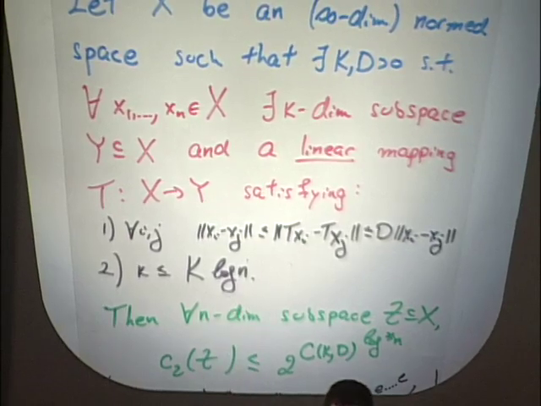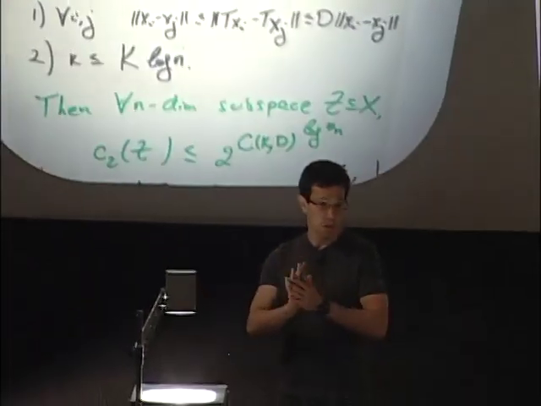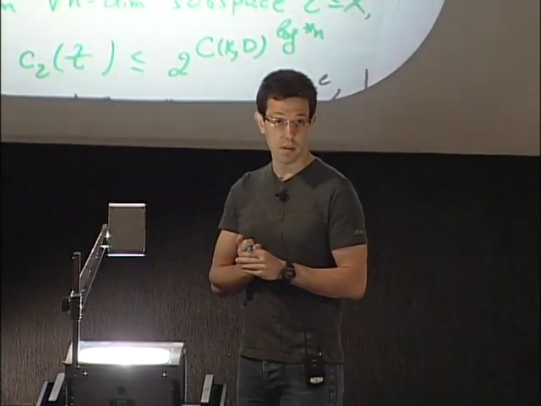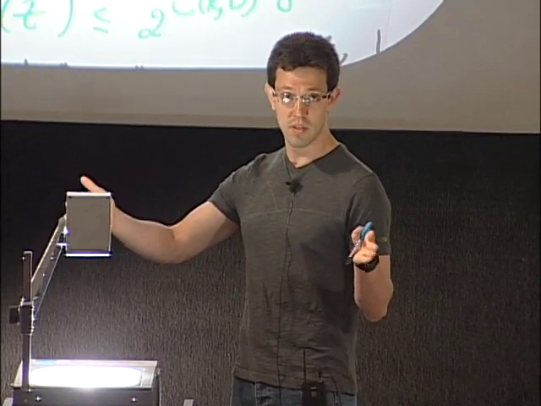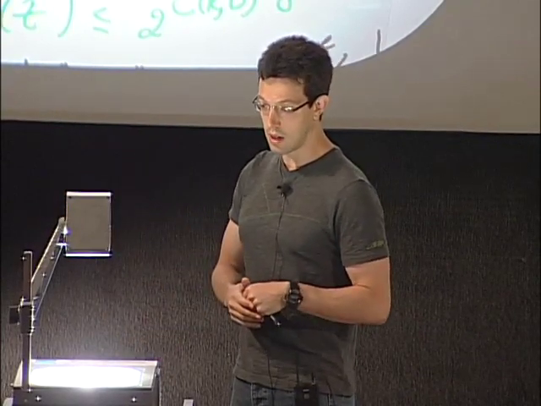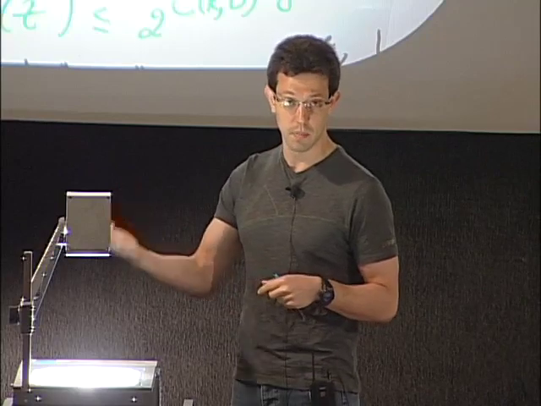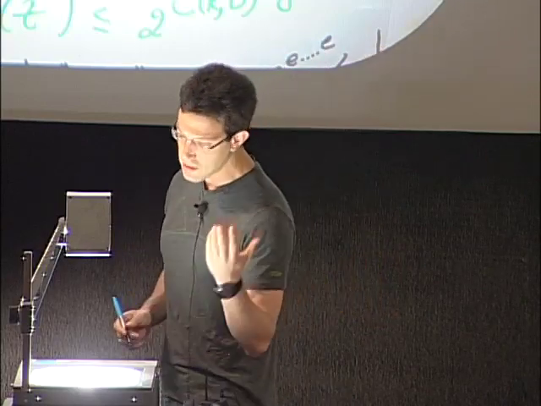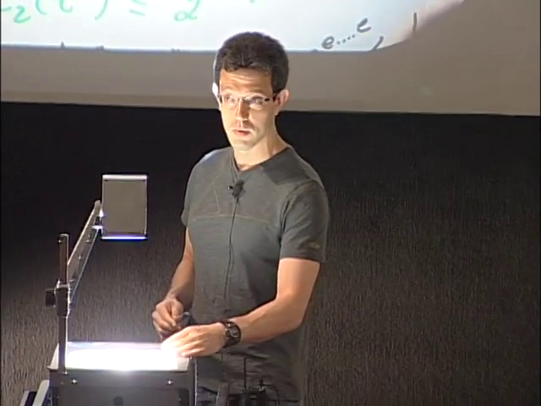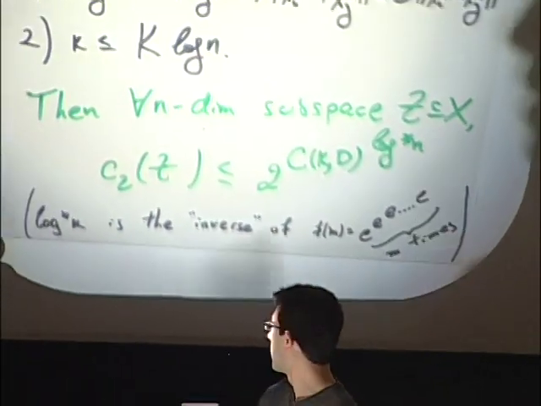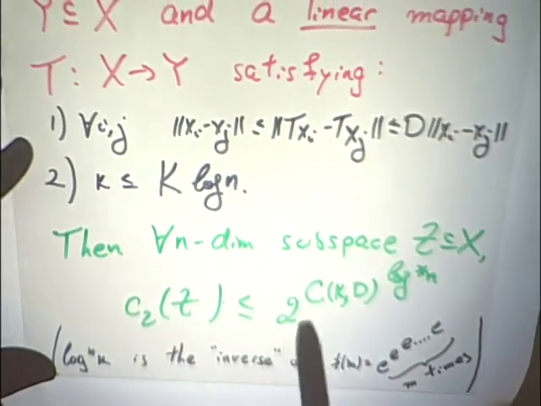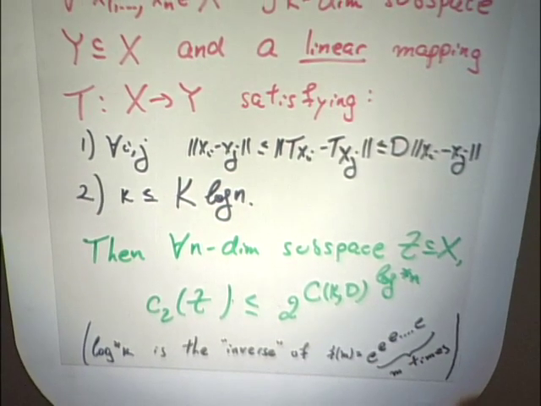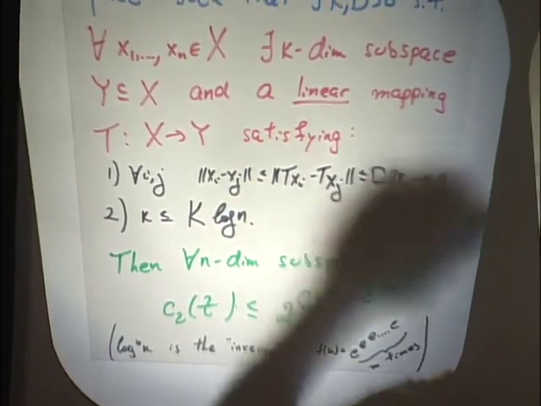So all I'm saying is if I have some norm, let's say in an L_p space, you might hope that you can do this same thing in some other L_p space. I have some norm for which any n points can be embedded via a linear mapping into a log n dimensional subspace of the same norm. So this implies right away that you're ridiculously close to Hilbert space, in the following sense: any n-dimensional subspace Z of your space embeds into Euclidean space up to a constant to the log star n, where log star is the inverse of the tower function.